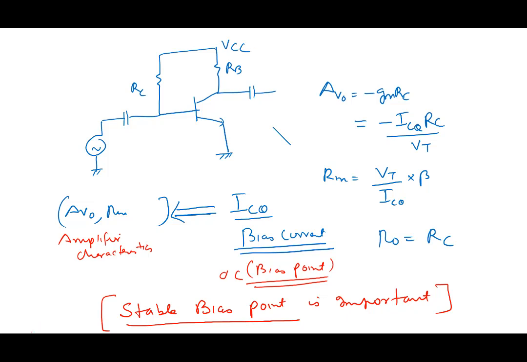Well, let's go back to this amplifier again. I'll keep drawing this amplifier several times. So, what can cause this bias point to change? Let's look at the bias point. For the bias point, I need not draw the AC part here. VCC, RC, RB.